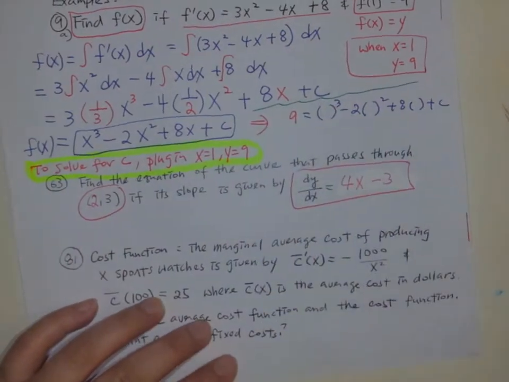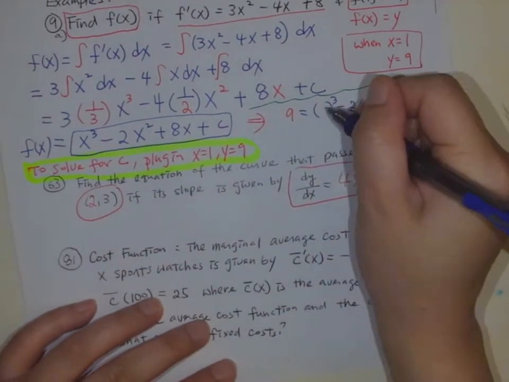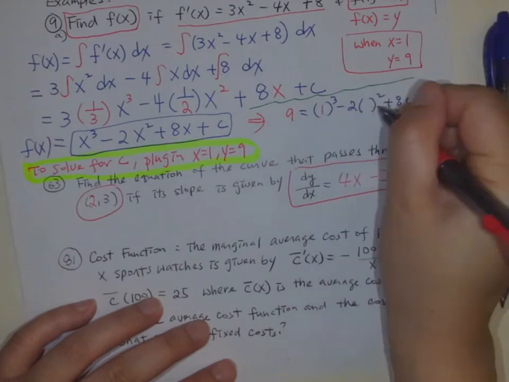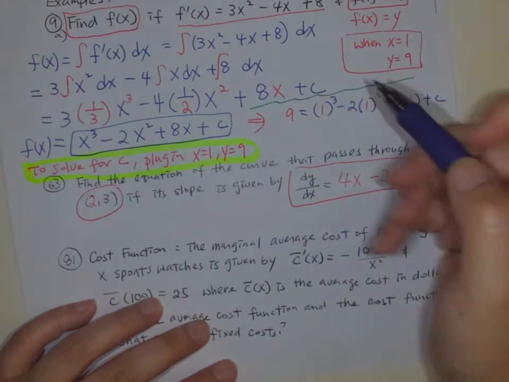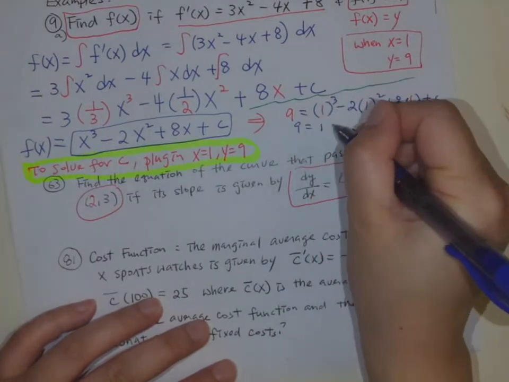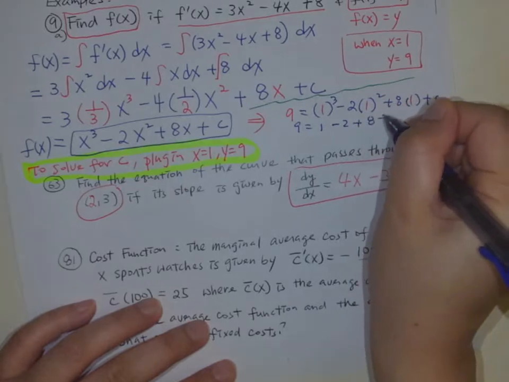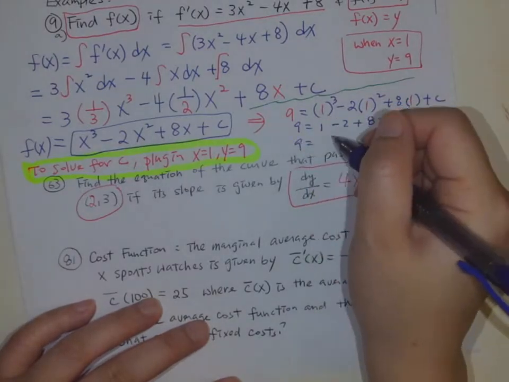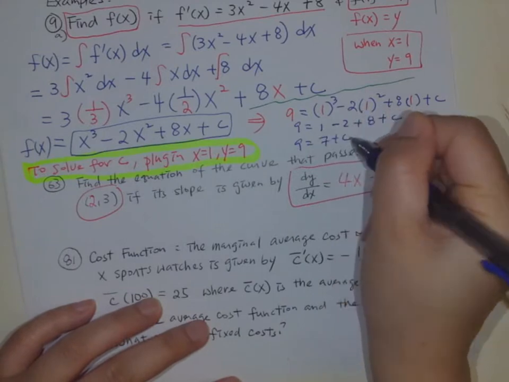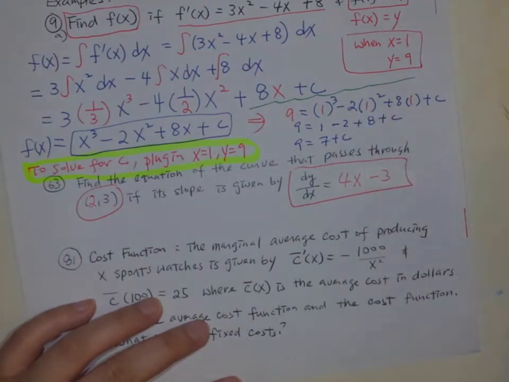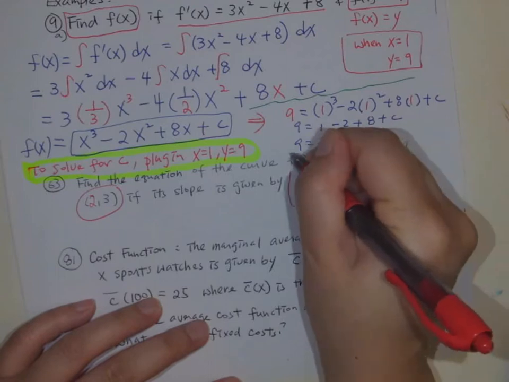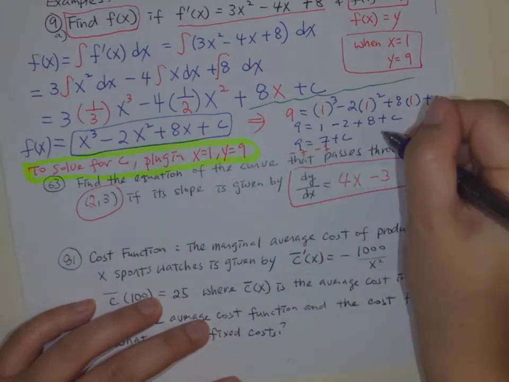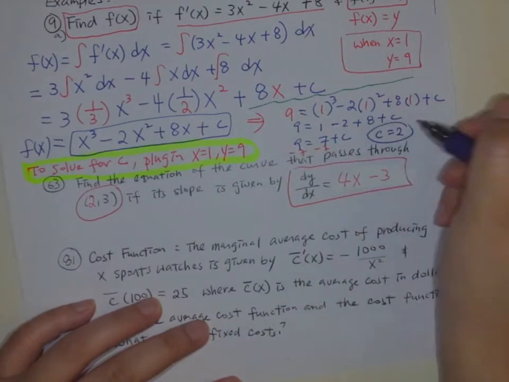So we got 1 here and 1 and 1. So 9 equals 1 minus 2 plus 8 plus c. On the left hand side we have 9. On the right hand side we have 7 plus c. So subtract 7 from both sides. c equals 2, right?